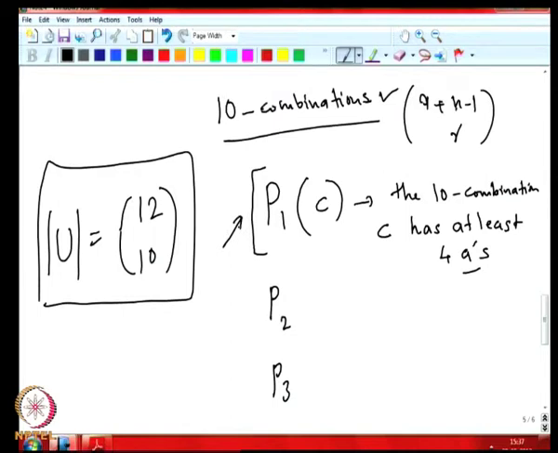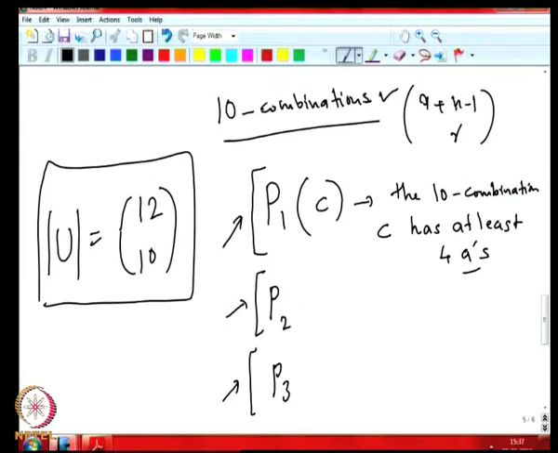We usually define the undesirable properties when we want to apply the exclusion inclusion principle. This is the first undesirable property, namely that the 10 combination C has at least 4 A's. So it does not satisfy the required property.